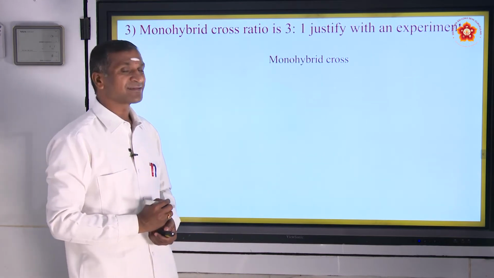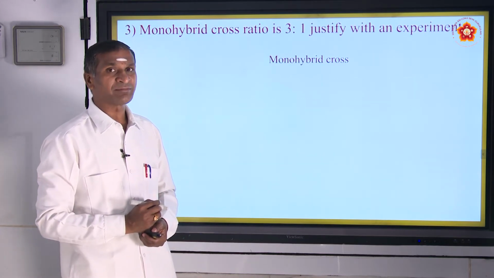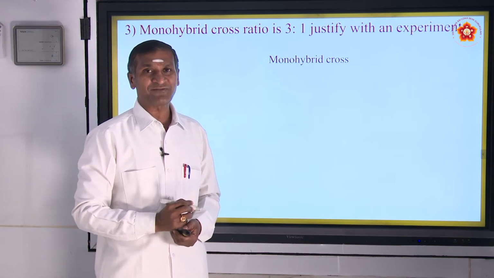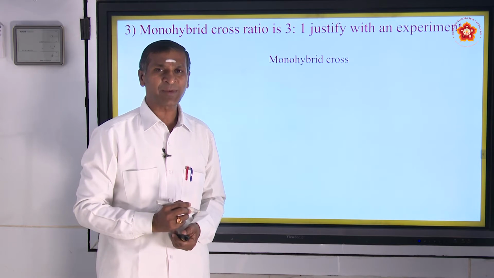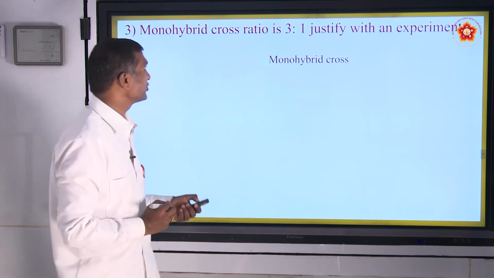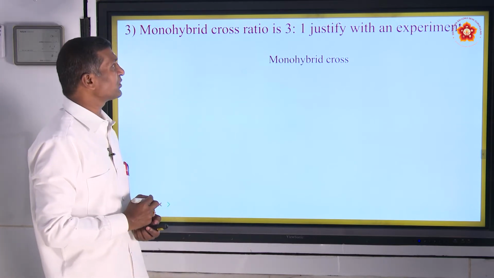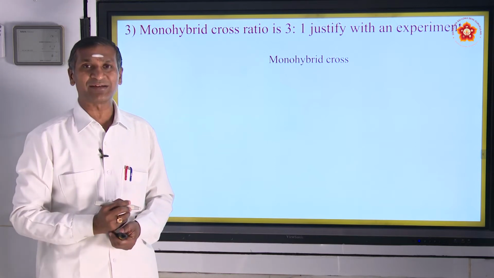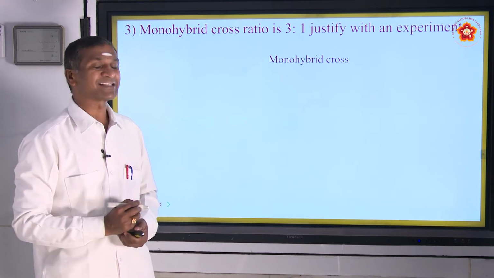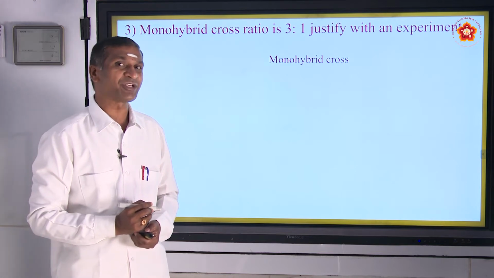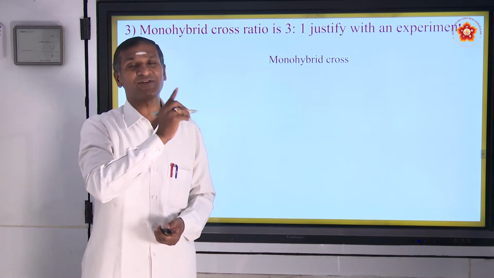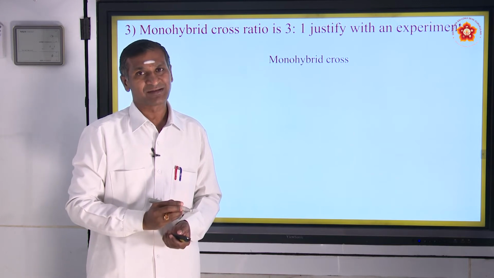Dear students, the third question, a very important question from the exam point of view, for 4 marks or maybe 3 marks. The question is: monohybrid cross ratio is 3:1, justify with an experiment. As I mentioned, you have to first write the definition of a monohybrid cross.